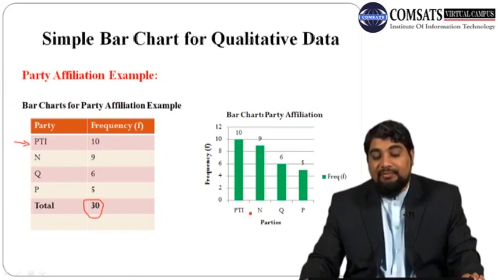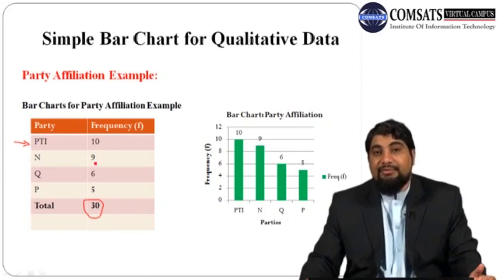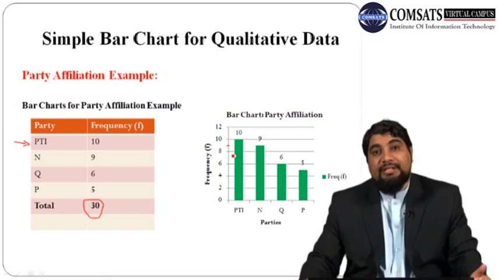Its frequency is 10, so construct a bar with height equal to 10. Here is the first bar. Then the second bar, PMLN, has frequency 9, so construct a bar with height equal to 9. 9 lies between 8 and 10. This is how you can construct a simple bar chart.